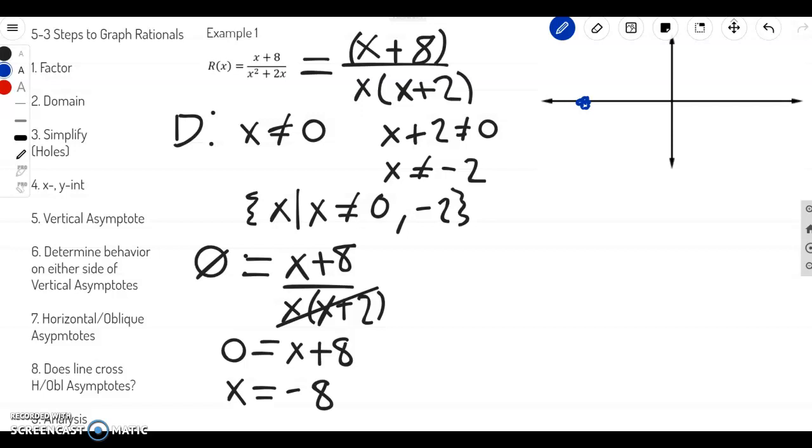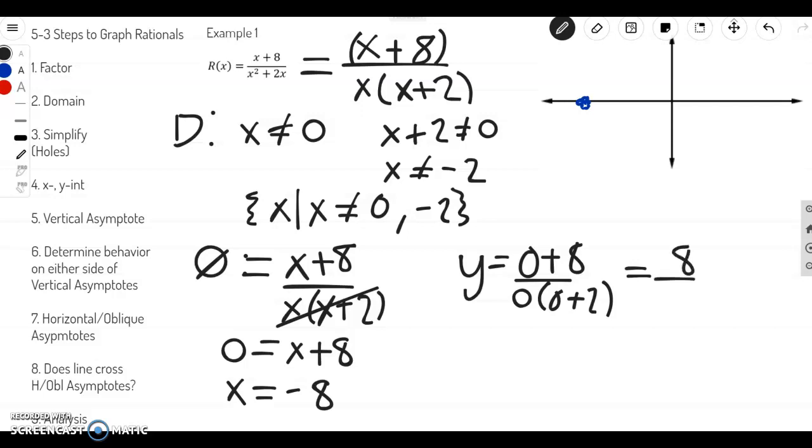Then moving forward, we need to find our y-intercept. For our y-intercept, we're going to replace all the x's with zeros and simplify. Taking the factored form, we have 0 plus 8 over 0 times 0 plus 2. If we simplify this, 0 plus 8 is 8, and 0 times 0 plus 2 is 0.